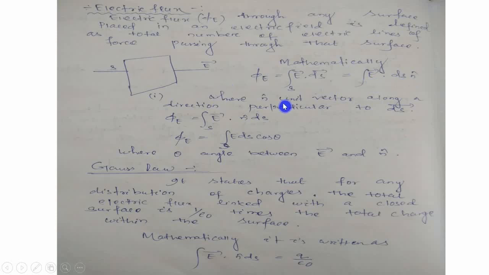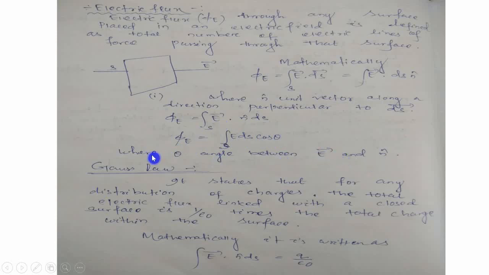According to the direction we put n cap, the unit vector along the direction perpendicular to dS, and phi equals the closed integral of E dot n cap dS, and E dot n cap dS we can write as E dS cos theta, where theta is the angle between E and n cap.